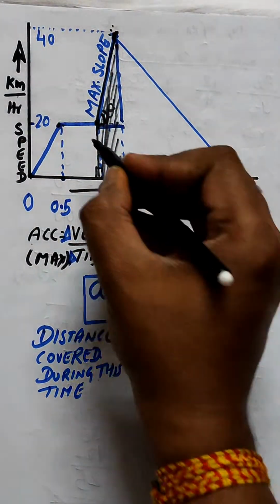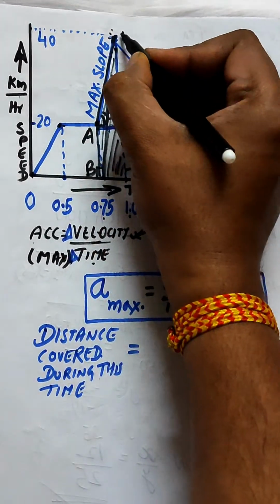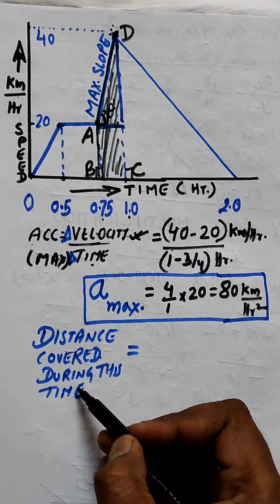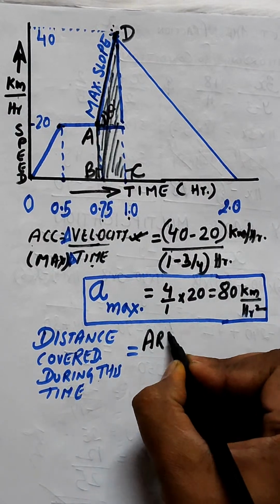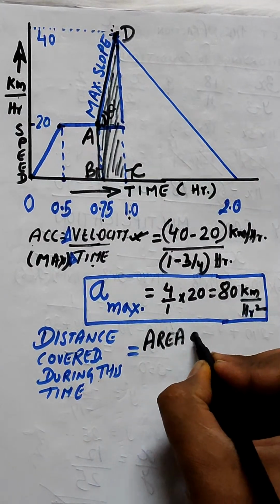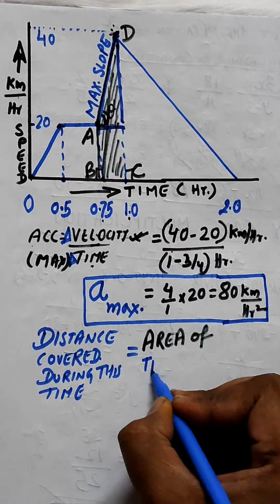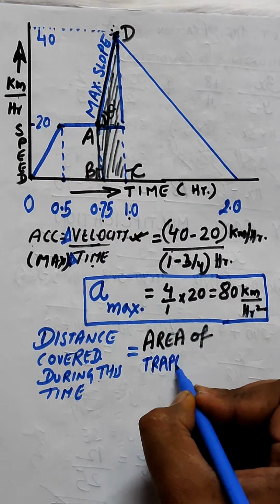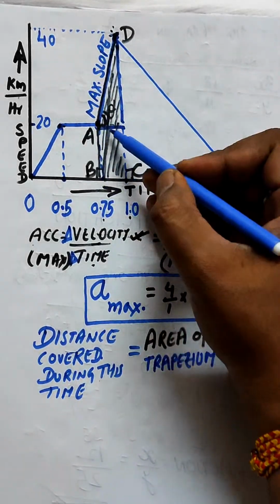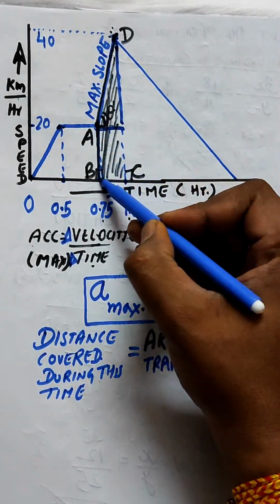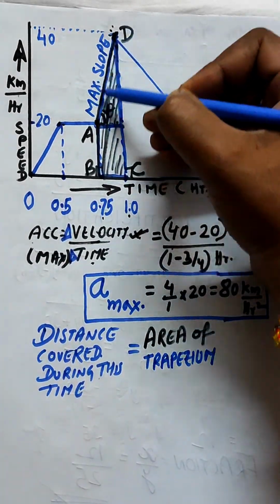So let's name them A, B, C and D. So distance covered during this interval will be equal to the area of the trapezium A, B, C, D. This one, A to B, B to C, then C to D and D to A.